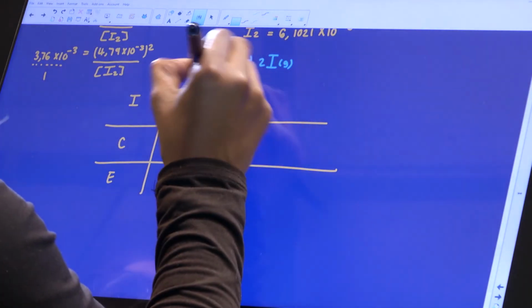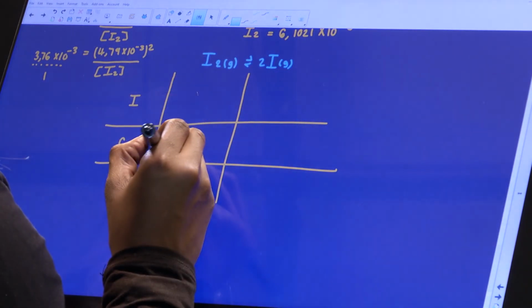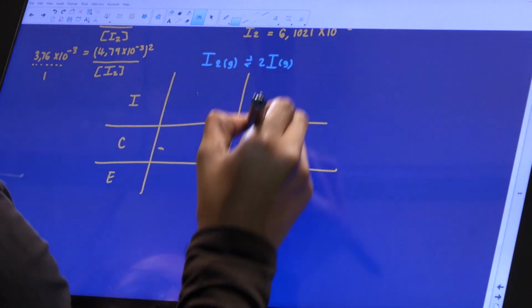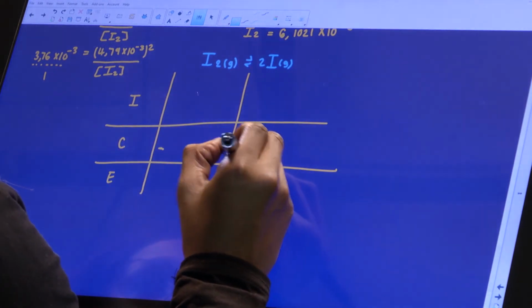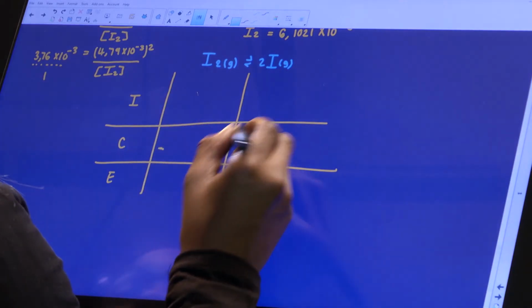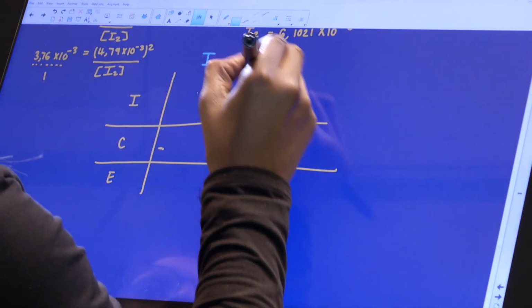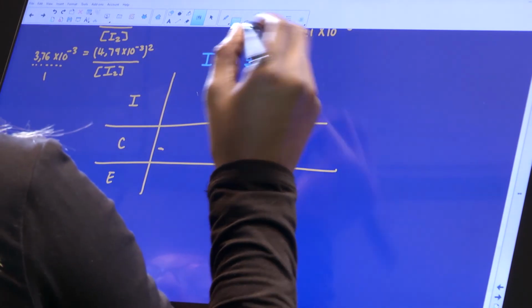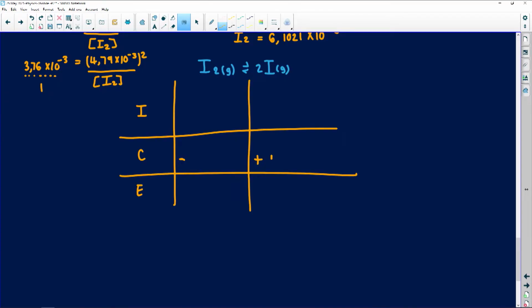Now remember, this is the reactant. At the change, the reactants are being used up, but at the change, the products are being formed. Reactants get less while products are being formed. I was told that my I at equilibrium was 4.79 times 10 to the negative 3.